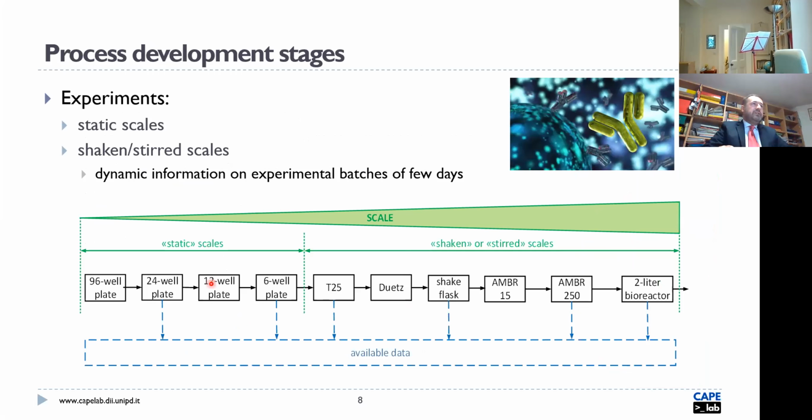In this case, we will see data coming from different scales, such as static scales, the microwell plates, some shaken scales, such as shake flasks, or some stirred environments such as Ambr 15 or Ambr 250 and 2 liter bioreactors.